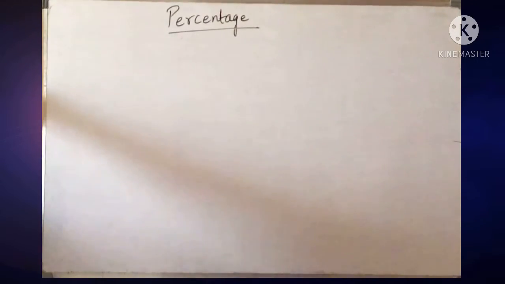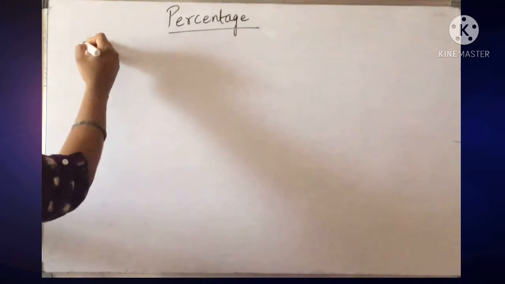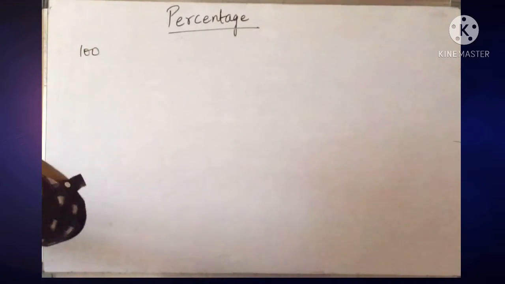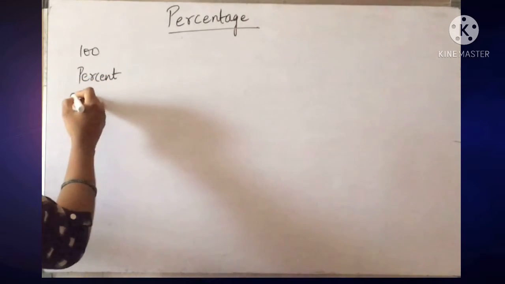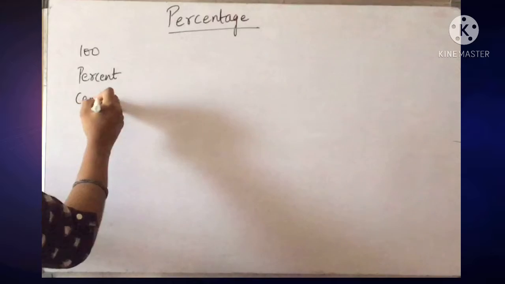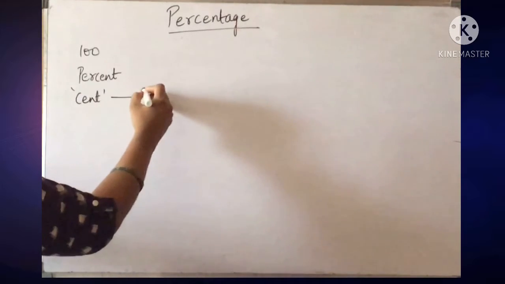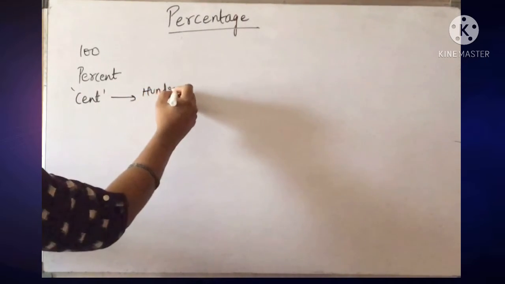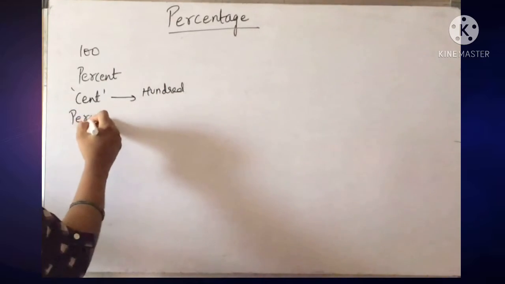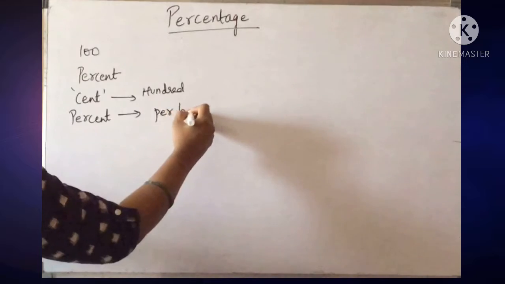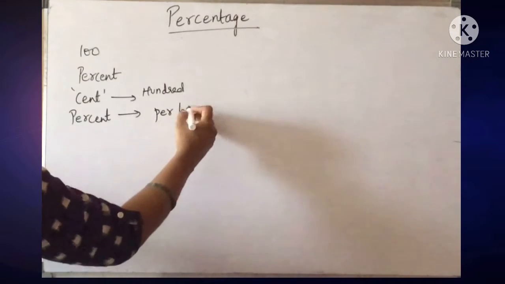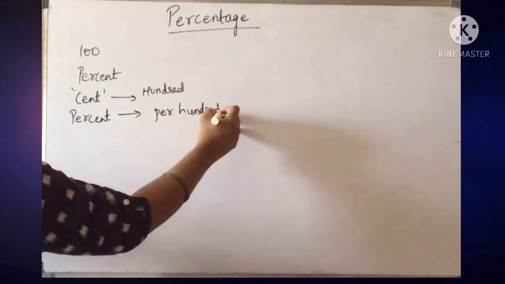So when we express a quantity as a part of 100, here we use the word percent. Here cent means 100. Finally we can say, children, percent is nothing but per every 100, the value for every 100.